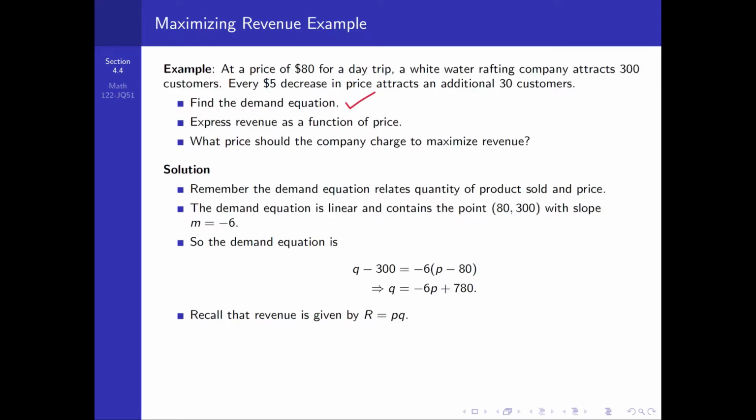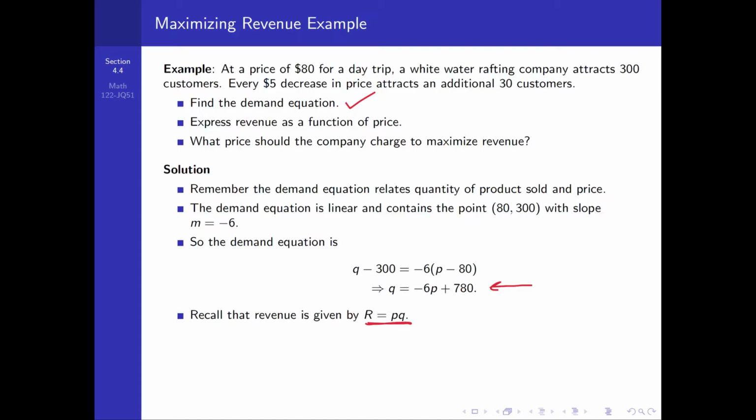Now we want to take our revenue function and write it as a function of price. So remember that revenue is equal to the price that we're marking our product at times the quantity of products that we're selling. So R equals P times Q. But up above, we found a relationship between the quantity that we're selling and the price we're marking it at.